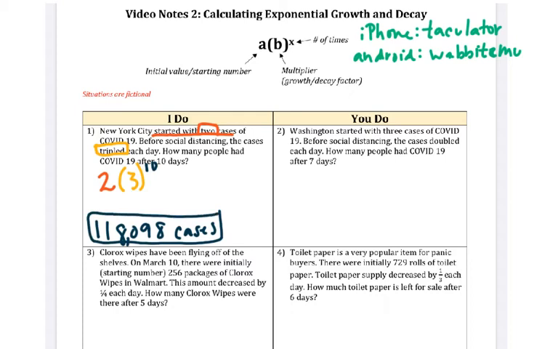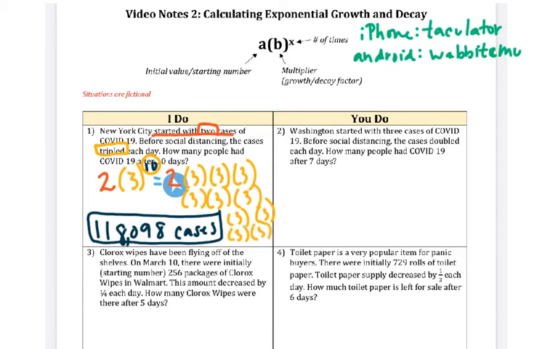Just so you know what this is doing, my starting value was a 2, and then it's times 3. When it says to the 10th power, if you remember what an exponent does, it just takes your base and it multiplies it 10 times. When you do the rest of these problems, you don't have to do this. I'm just showing you what an exponent is actually doing. 1, 2, 3, 4, 5, 6, 7, 8, 9, 10.